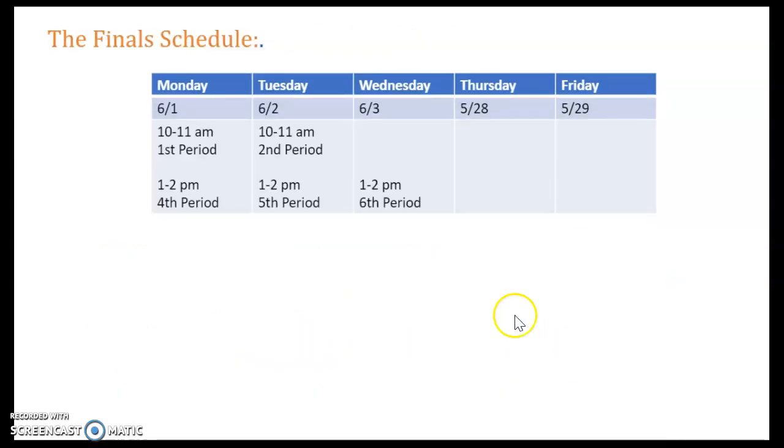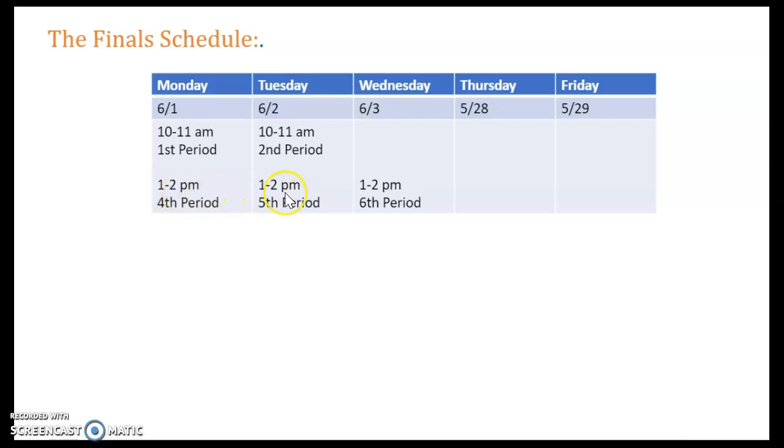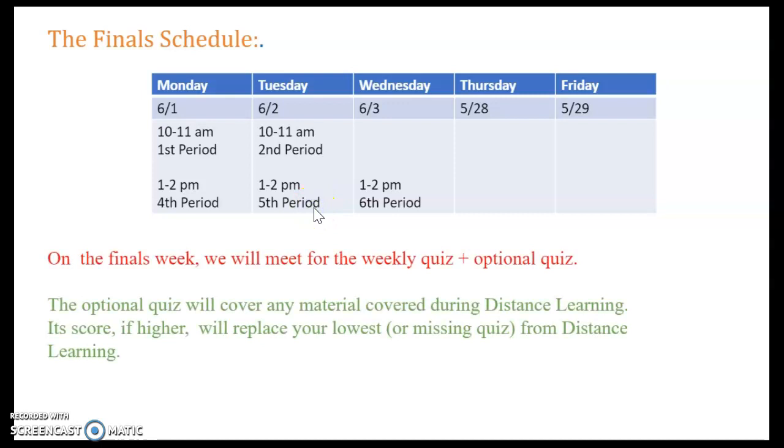In the final schedule, you will have finals for IM2 on Monday from 1 to 2, and Tuesday from 1 to 2 if you're from 5th period. On the finals week, we will meet for the weekly quiz, so it's not really a final, plus an optional quiz. For the optional quiz, I am just going to give you a couple of extra problems very similar to the quizzes that you've already had.